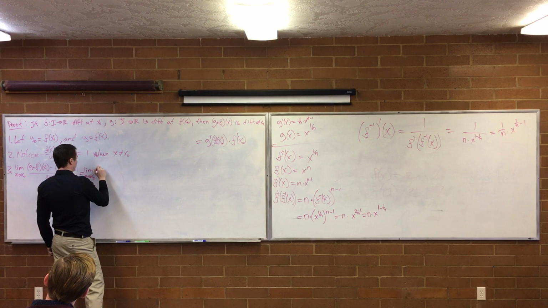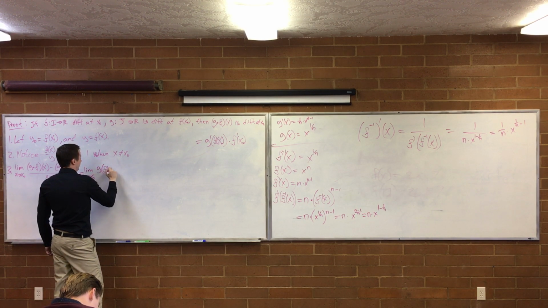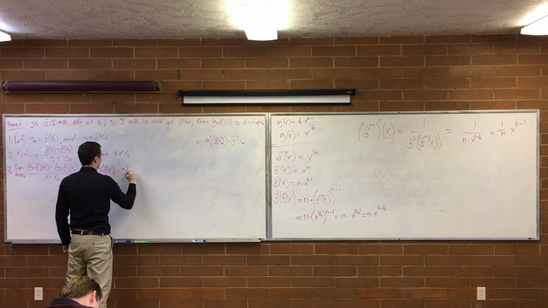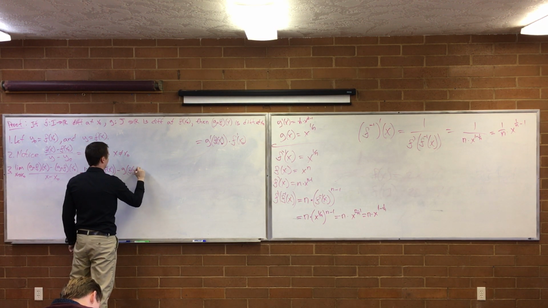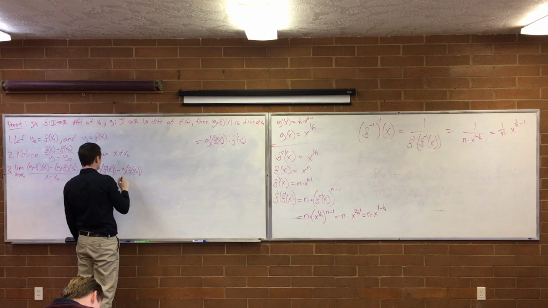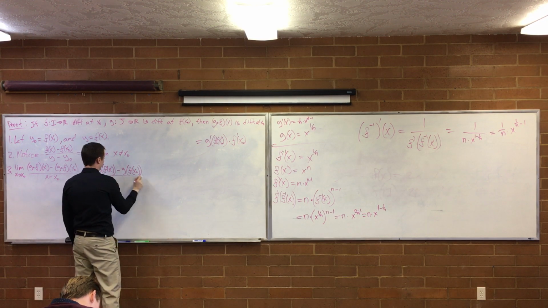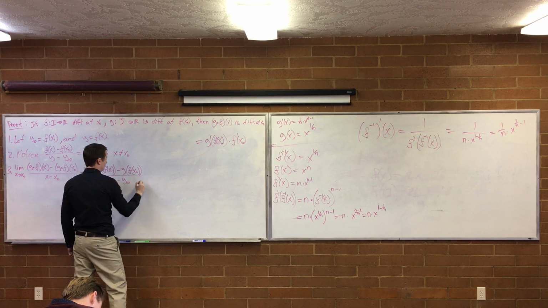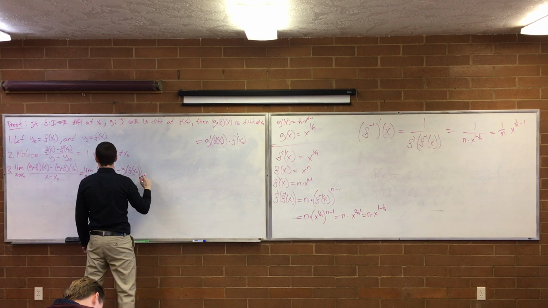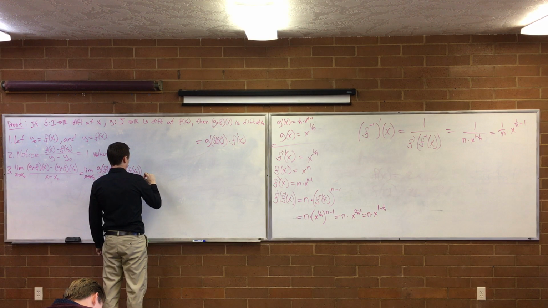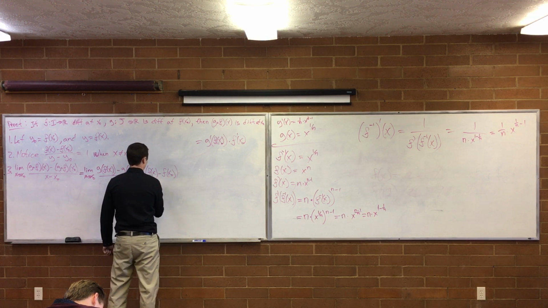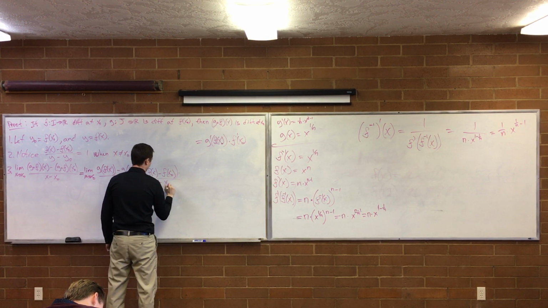I think you'll be fine with it. g of f of x minus g of f of x naught over y minus y naught, times f of x minus x naught over x minus x naught.